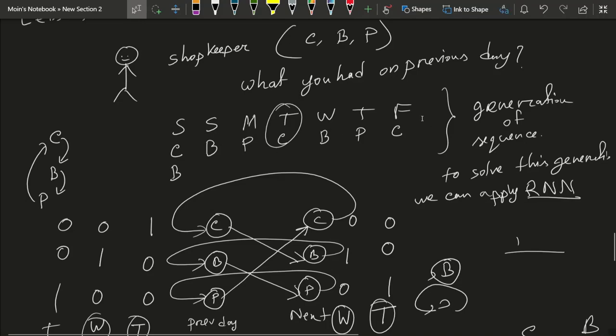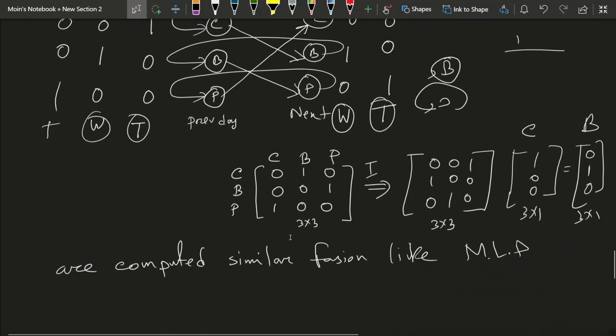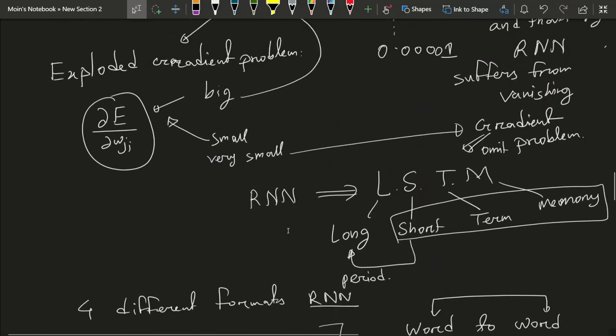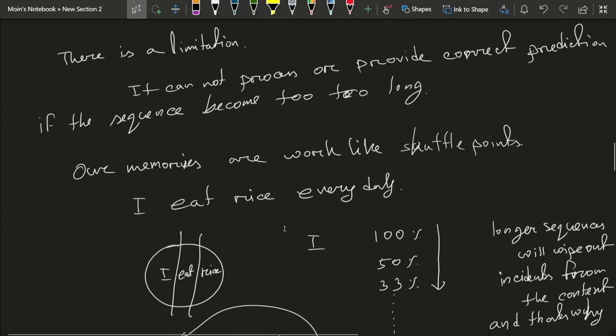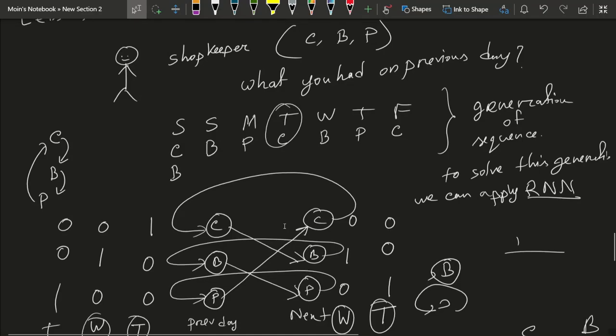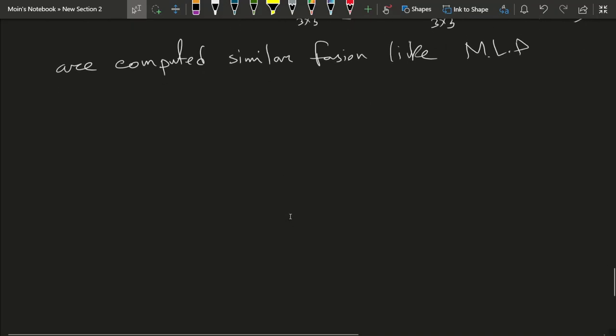This is the sequence that the shopkeeper is referring to us, and with the help of this reference, we basically get the previous day's food and the next day's food. But the main difference is that in the first example, there is a weather mapping towards the food, and here there is no impact of weather on the shopkeeper. So let's think of a slightly more complex problem which has an impact.